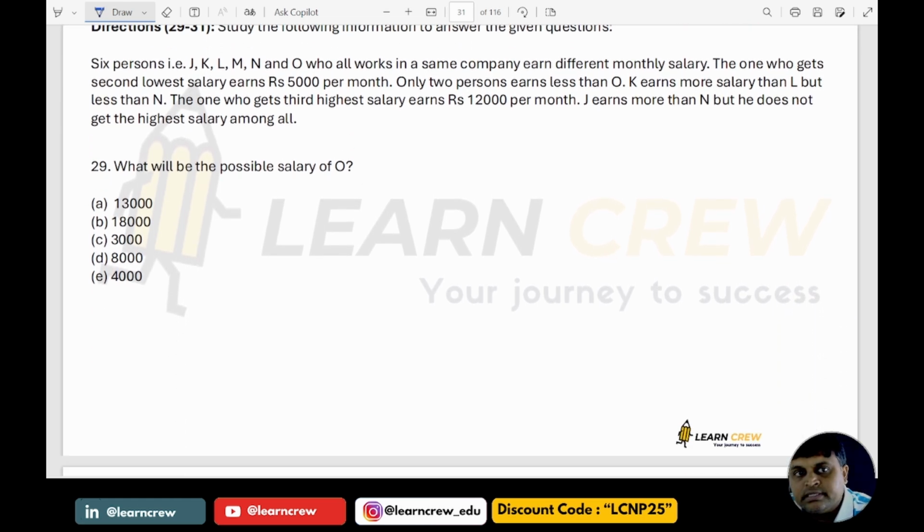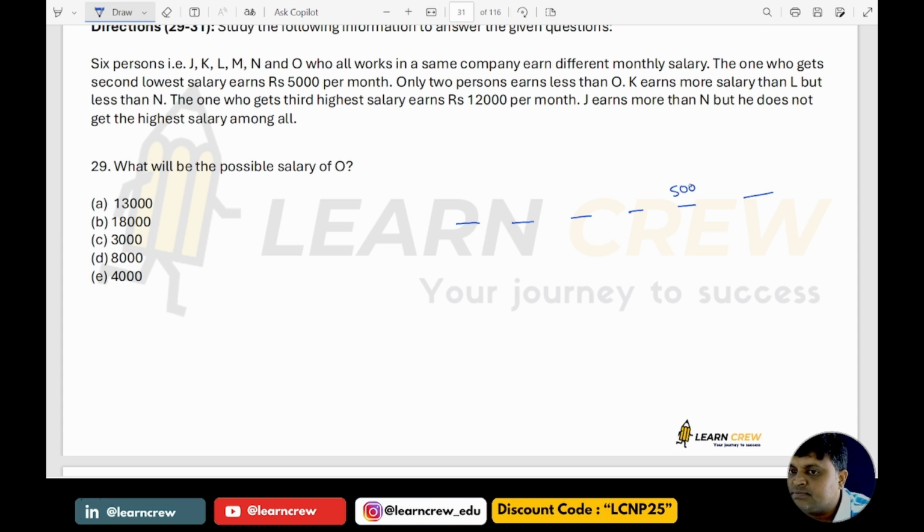Next, 6 persons J, K, L, M, N, O all work in the same company and have different monthly salaries. The one who gets the second lowest salary earns 5,000 per month. So 1, 2, 3, 4, 5, 6. This is 5,000.